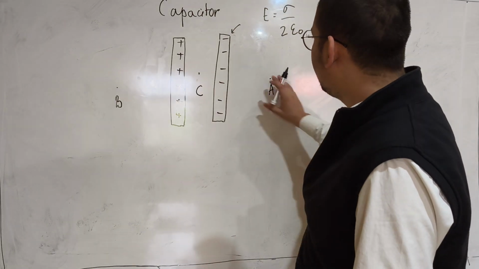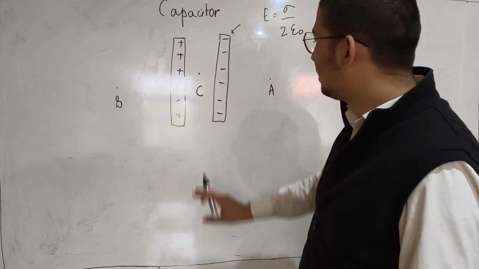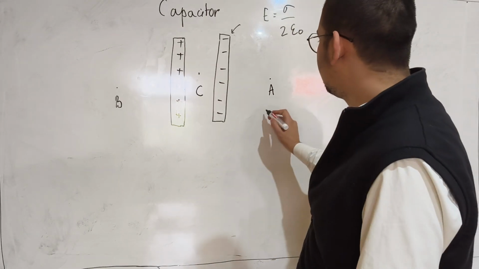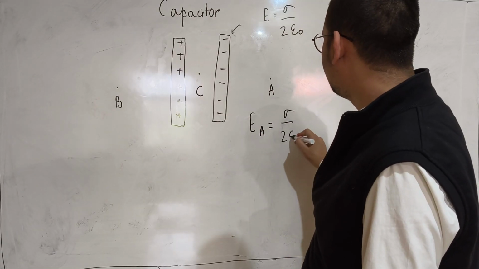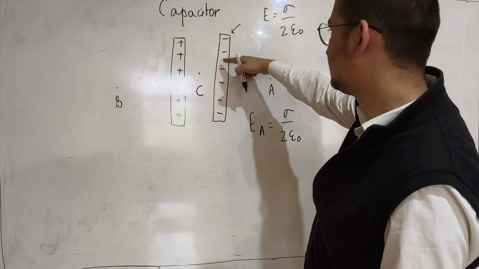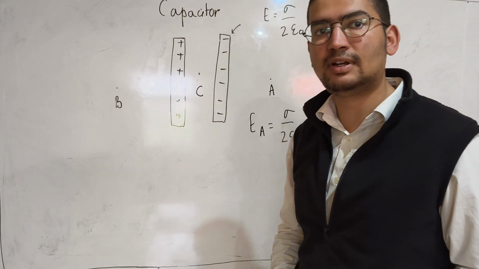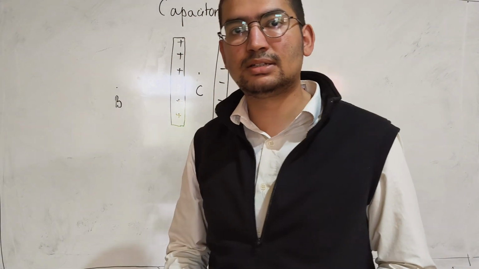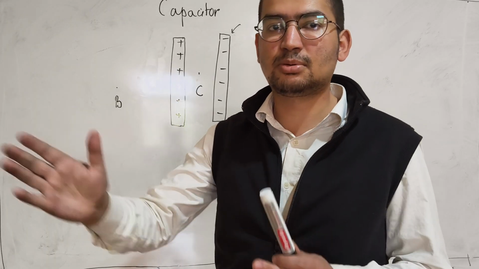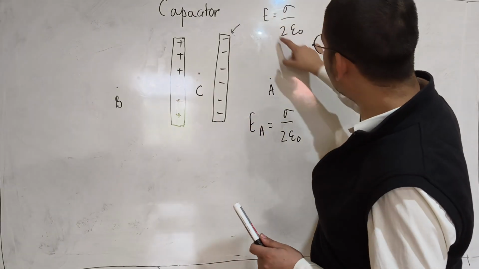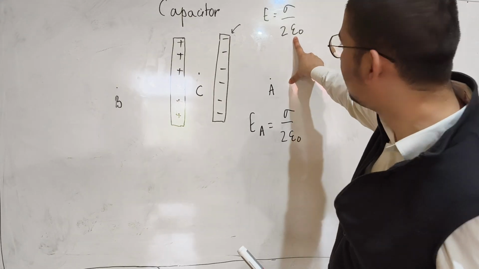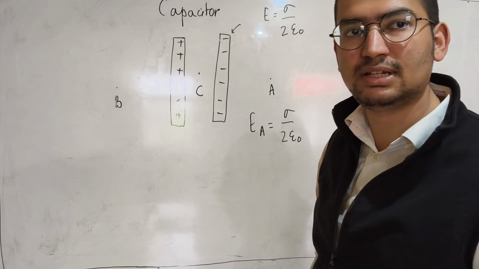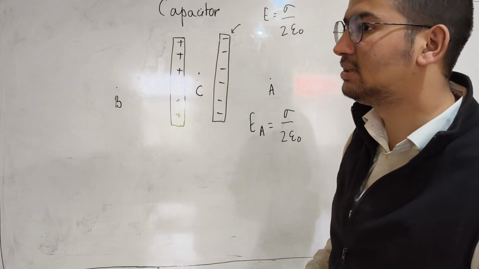In region A, the electric field due to the plate with negative charge is sigma by 2 epsilon. And we know the electric field due to a plate doesn't vary with the distance from the plate. It's constant whether it's nearer or farther away from the plate.